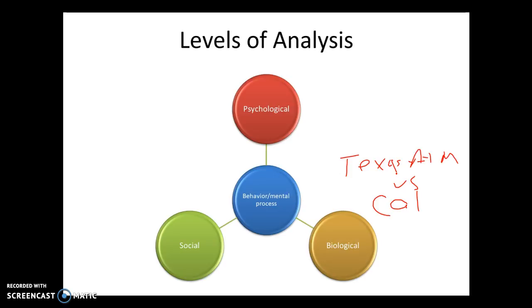What this shows is that things like motivation and beliefs impact our perception. Sorry about my handwriting, it's really hard to write with this pen. That's the psychological aspect of the levels of analysis.